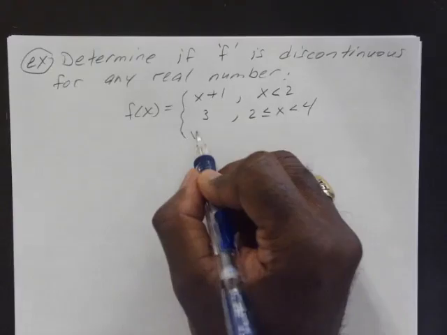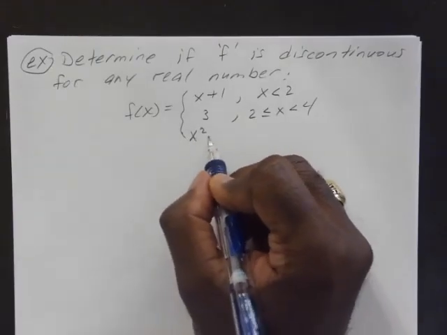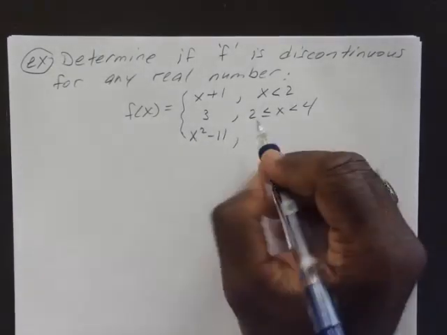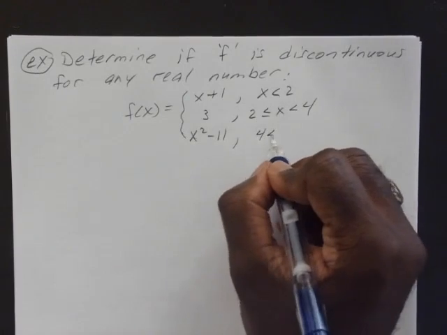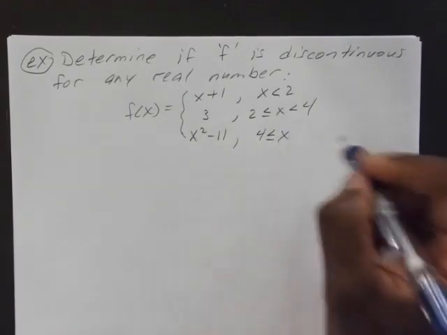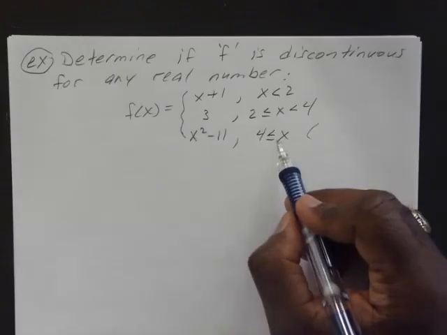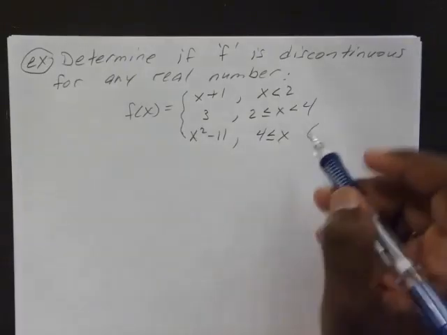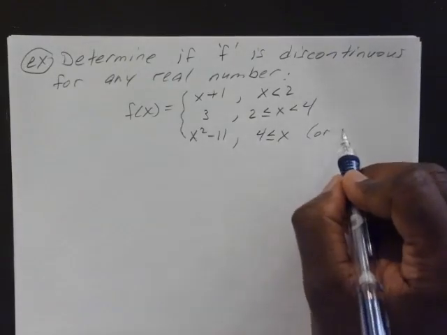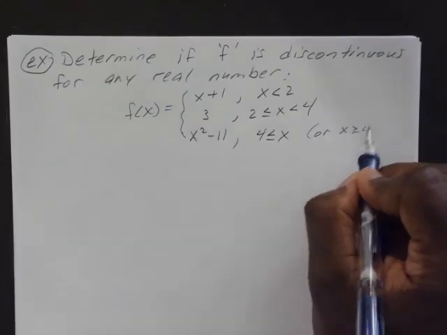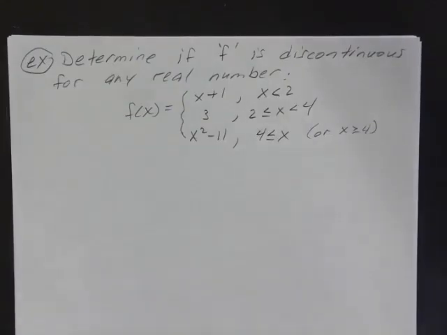And it's equal to x squared minus 11 when 4 is less than or equal to x. Remember, this is just the same as saying x is greater than or equal to 4. Sometimes they'll switch it up.